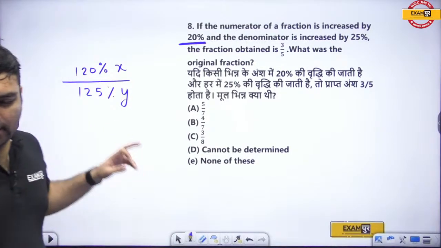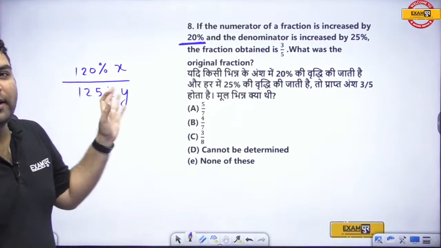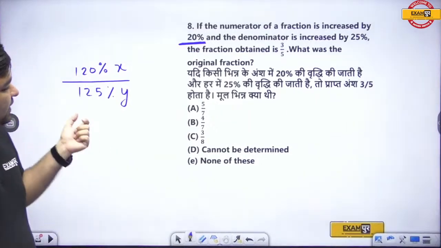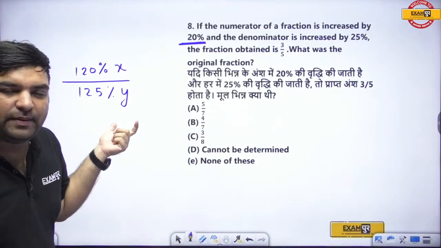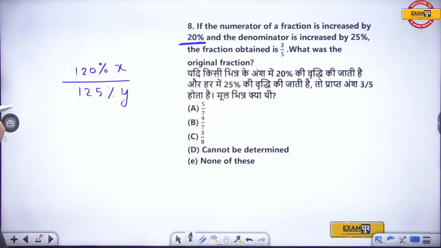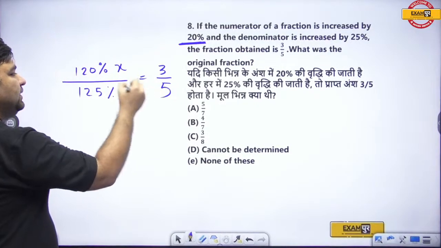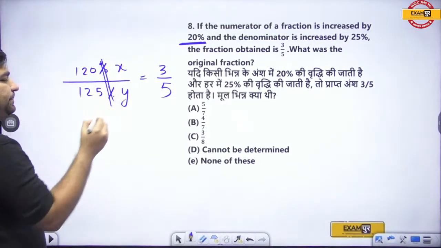If numerator increased by 20%, I can say it has become 120% of itself. If denominator is increased by 25%, I can say it has become 125% of itself, is equal to 3 by 5. Cancel out the percentage.